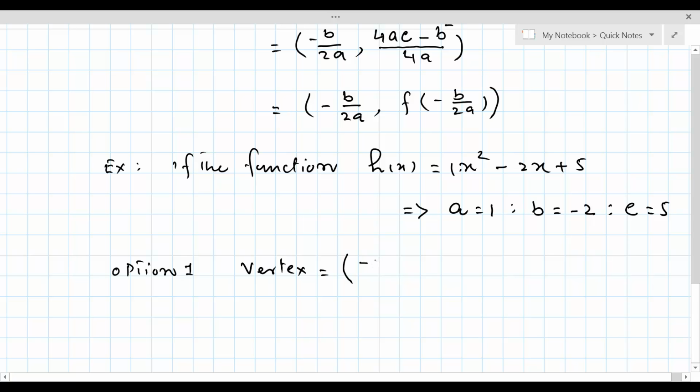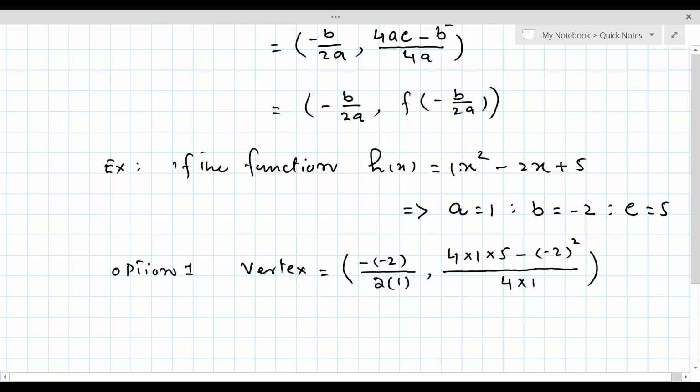Negative, and then b is minus 2, divided by 2 times a, which is 1, and then 4ac: 4 times 1 times c, which is 5, minus b square, which is negative 2 squared, over 4a, 4 times 1.